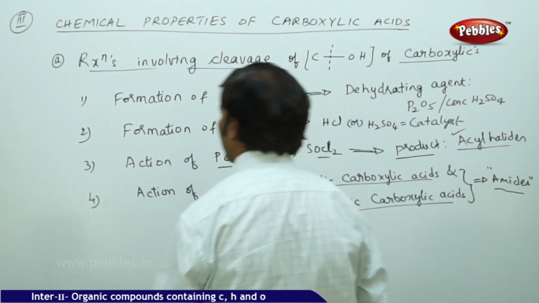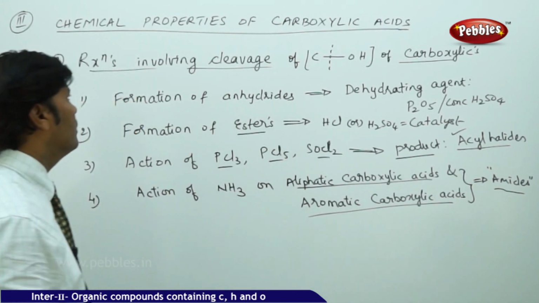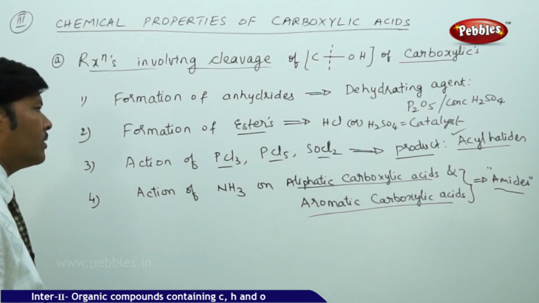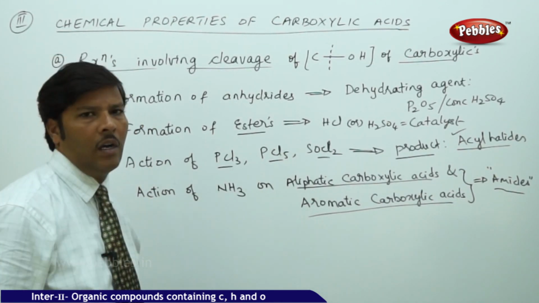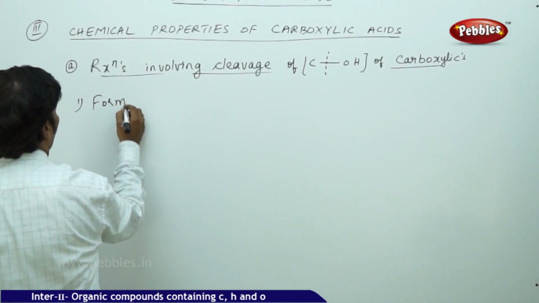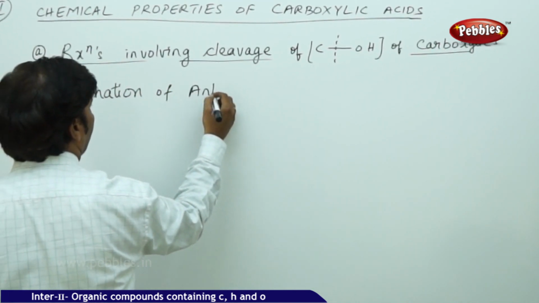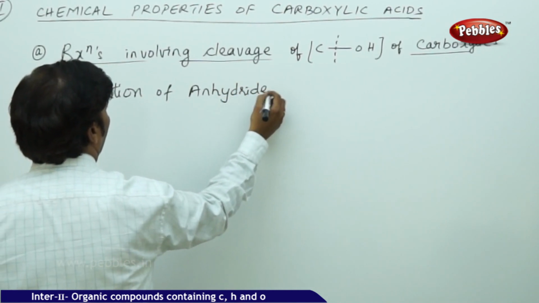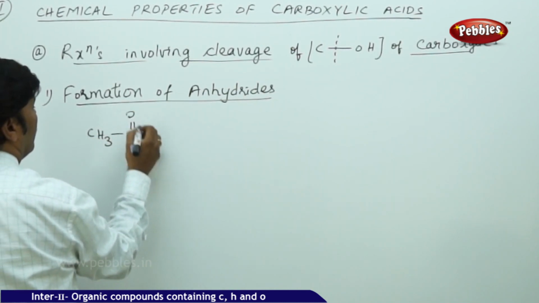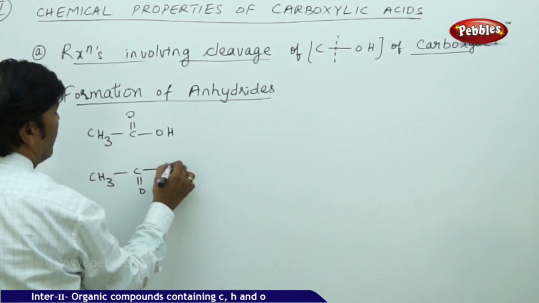So let us see what kind of reactions are possible in all these four generalizations we made for the carbon alcohol cleavage, in preparing anhydrides, esters, acyl halides, and amides. First, the formation of anhydrides. Take two molecules of acetic acid, CH3COOH, that is CH3 single bond, carbon double bond oxygen, OH.